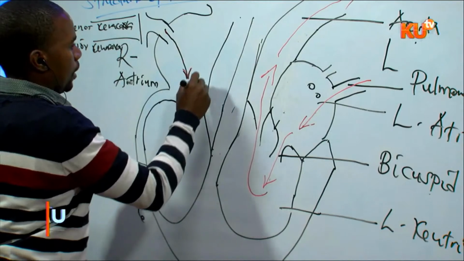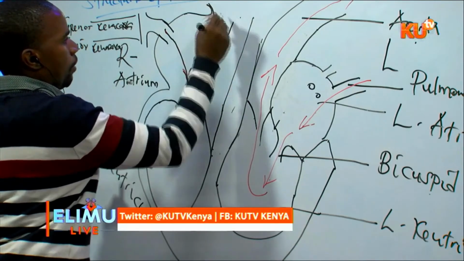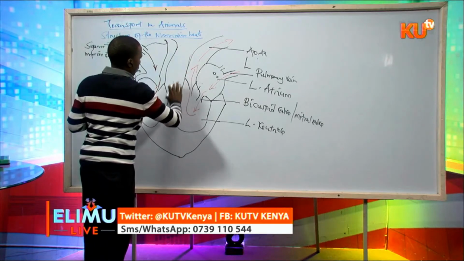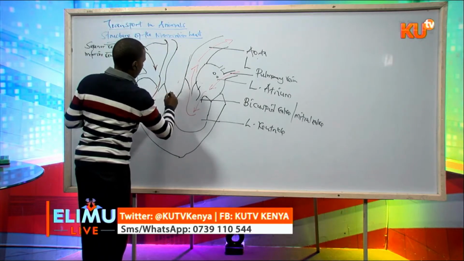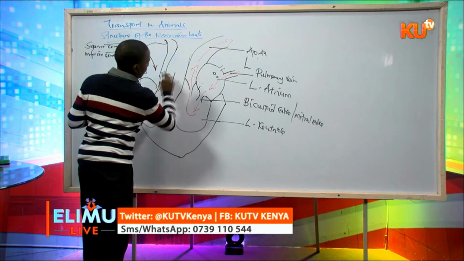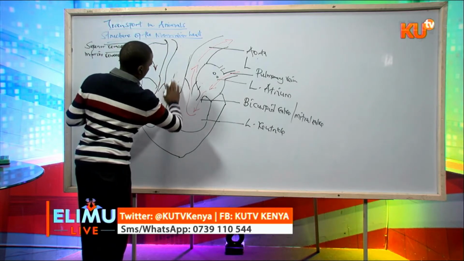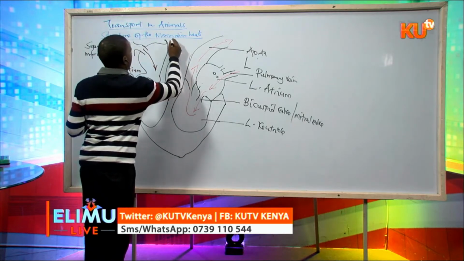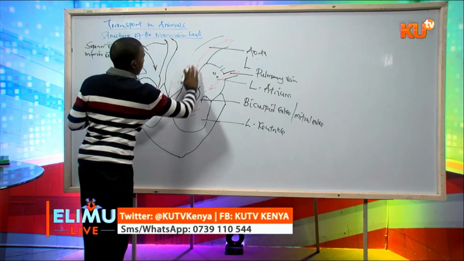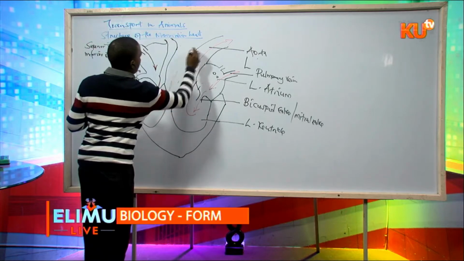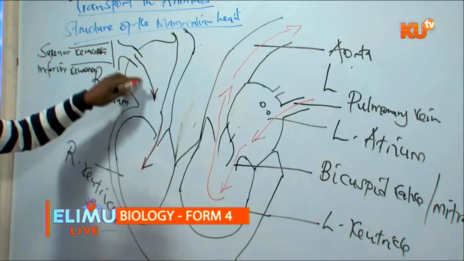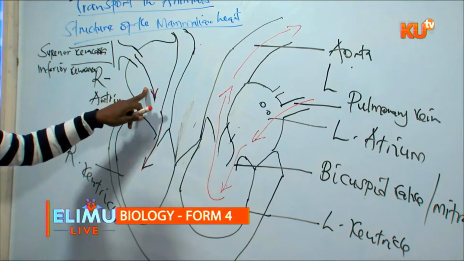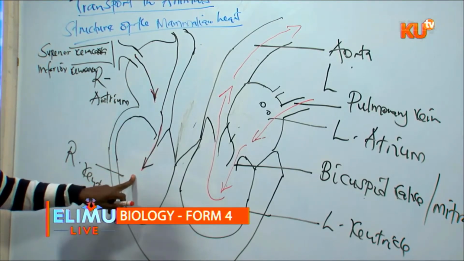Now from the right atrium, this is what we have here. Let me just join this one. I'll tell you the function of that. So from the right atrium, this is what we get. The blood is coming in from the superior and inferior vena cava into the right atrium to the right ventricle.